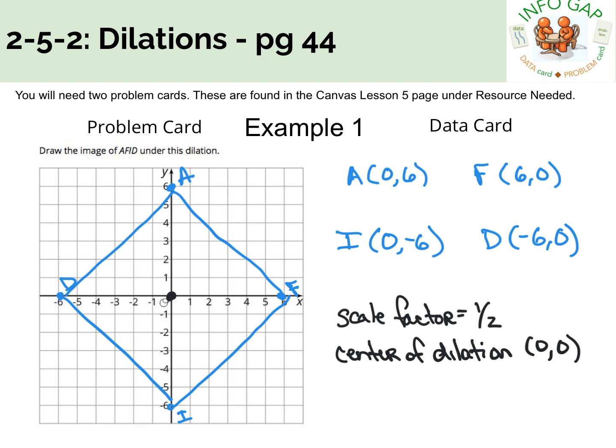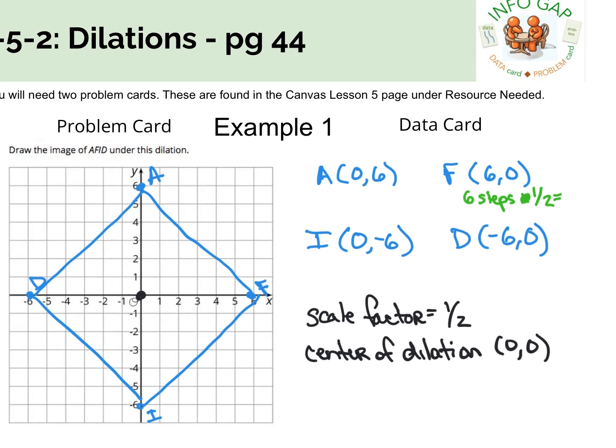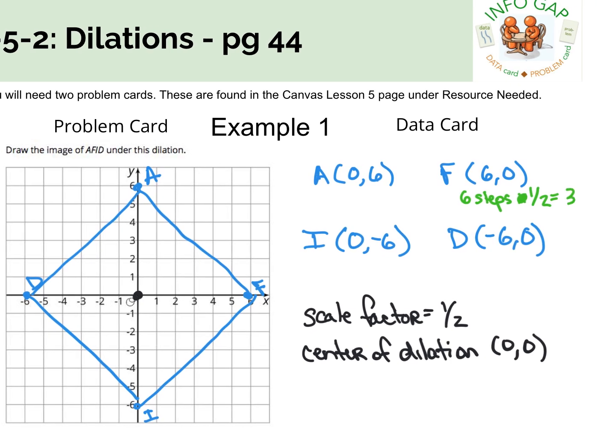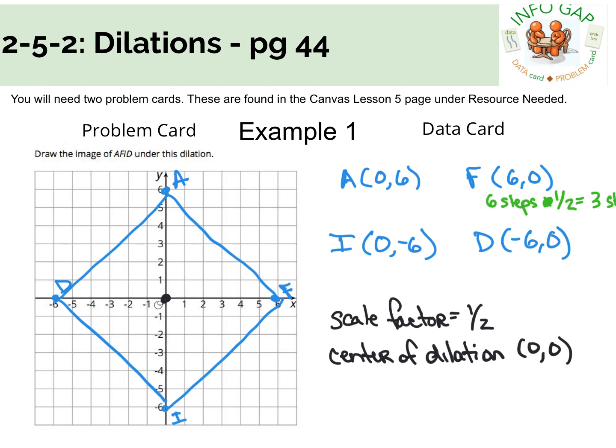So we're going to take our 6 steps and multiply it by 1/2. Grab your calculator. 6 steps multiplied by 1/2 is going to be 3 steps. So from our 0, 0, we're going to go out 3. So 1, 2, 3. Here is our F prime.